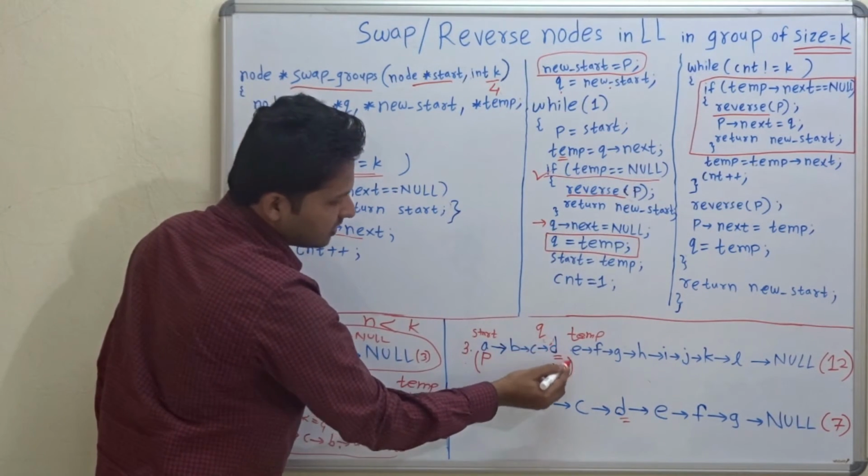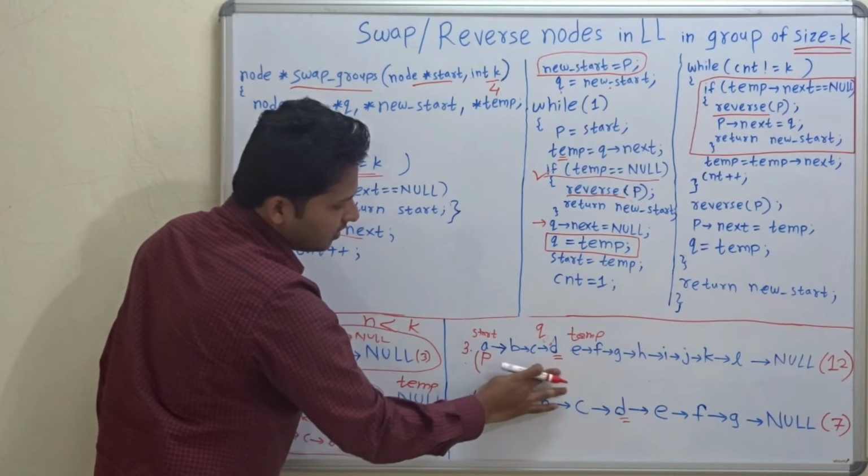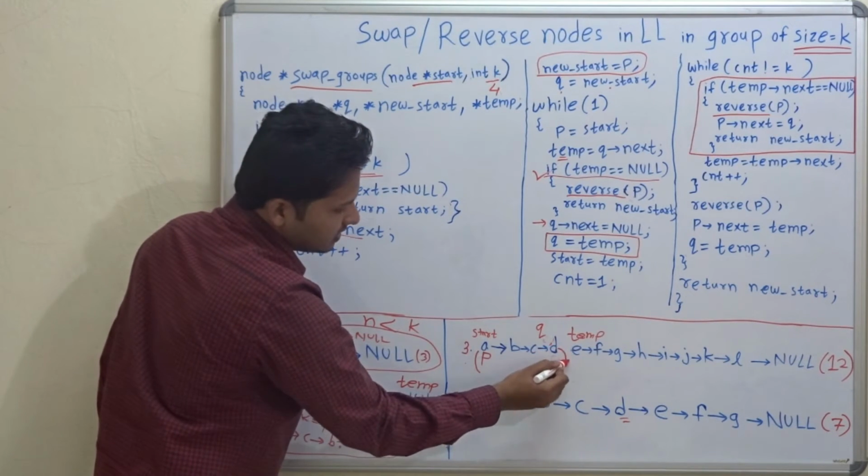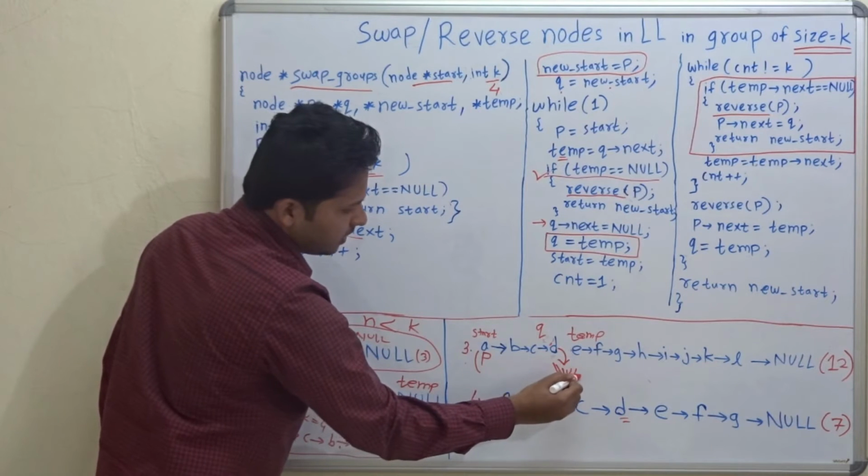So Q points next, so the next pointer of Q, that is D, will point to null.